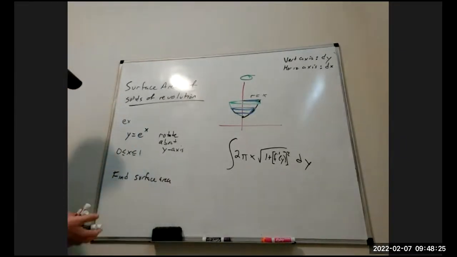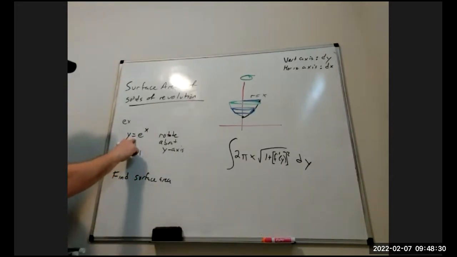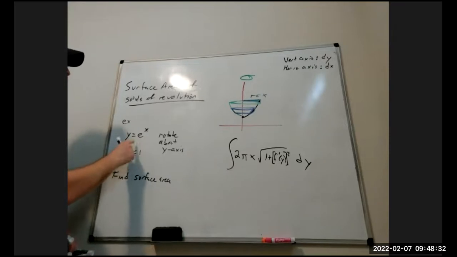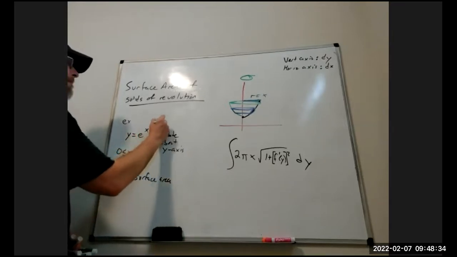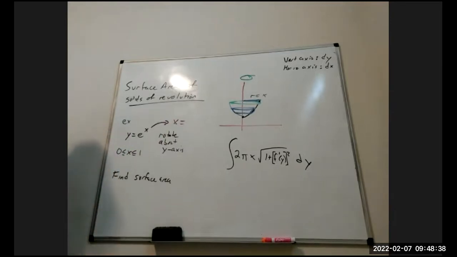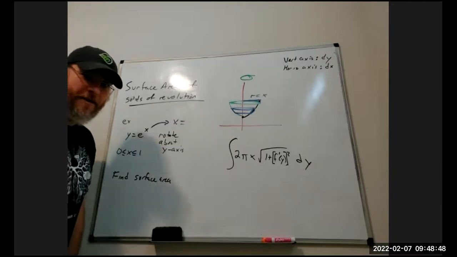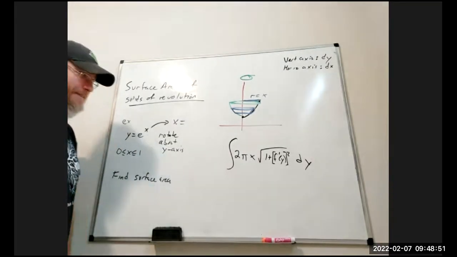But that's a pretty quick solve, at least it should be. What does this become if I want x equals? If y equals e to the x, what does x equal?